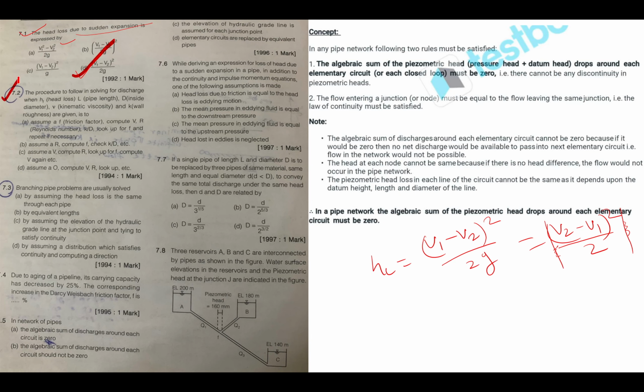Now moving ahead to the second question. The procedure to follow for solving the discharge when your HF is given, pipe length is given, D, the inside diameter, is given, the kinematic viscosity is given, and the wall roughness is also given.